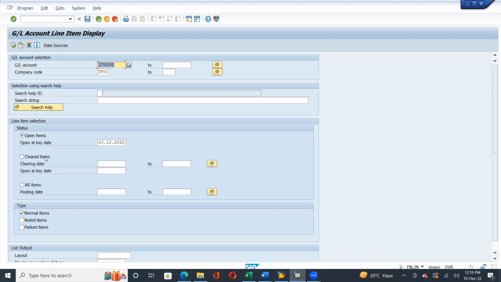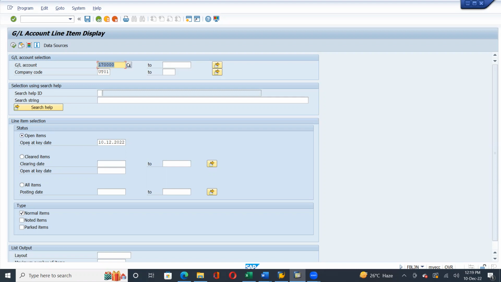Open items. What do you mean by open items? Which is nothing but outstanding, not yet paid or not yet cleared. Clear?